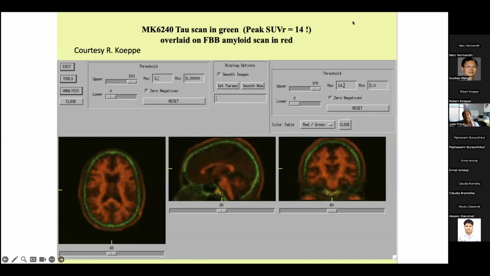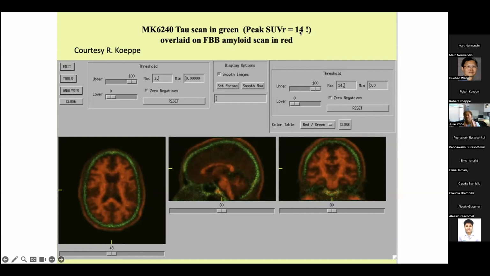This is a slide from Bob Koeppe that shows, I think this was a Pointer study, another example of this, where this is an amyloid, the fluor beta bin amyloid scan, but overlaid is the MK6240 tau uptake, that extracerebral uptake.